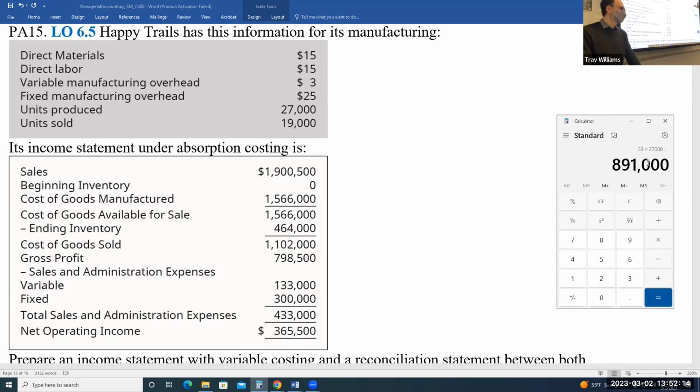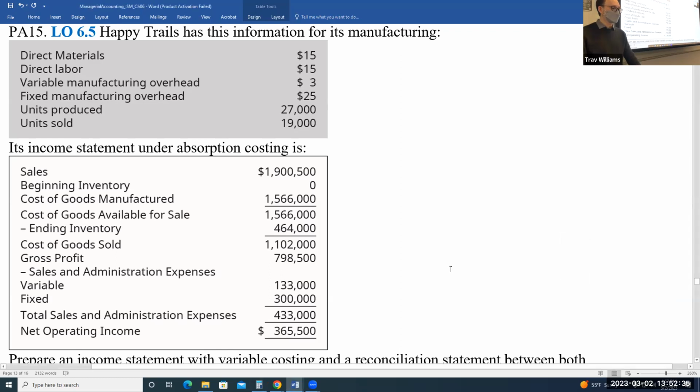Yeah, exactly. Divide by 27,000. Very good, Christian. So that gives us a cost per unit of $33 in variable costs. And then we sold 19,000. So our cost of goods sold would be 627,000.